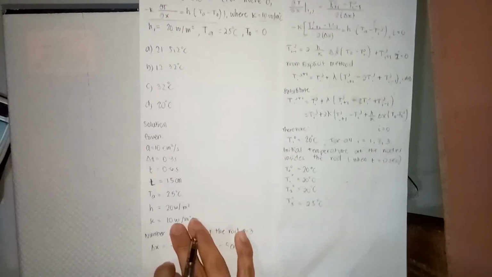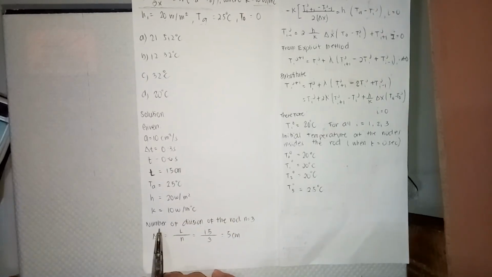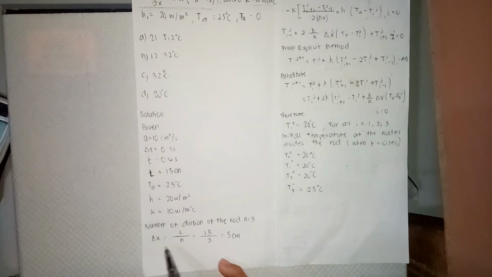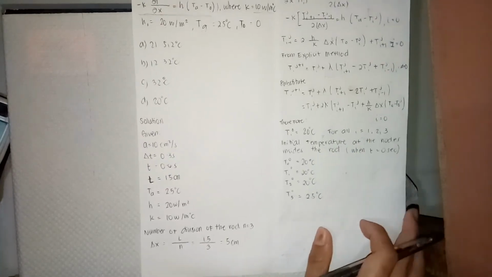So here's the given, and now let's compute the number of divisions of the rod or the segments. Let us define the value of delta x, which has the formula L over N. The value of our length is 15 over the number of segments, 3.